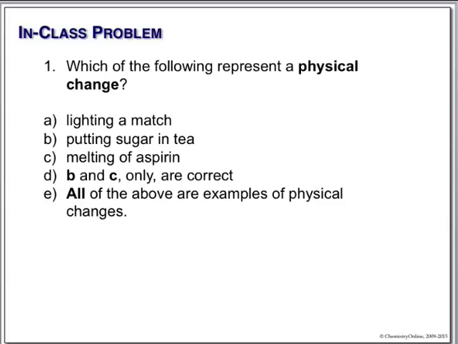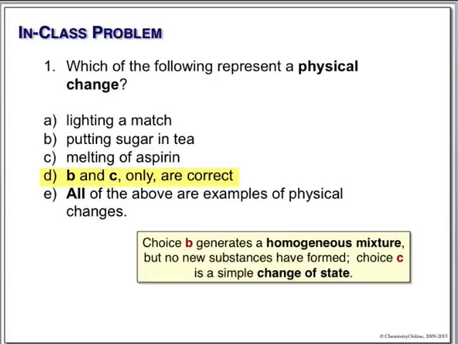If we put sugar in tea, we have sweet tea, but it's still sugar, isn't it? That's physical. Melting of aspirin. People are surprised to think of it this way, but aspirin is a real chemical compound. And yeah, it melts, but it's still aspirin. B and C are both correct answers.